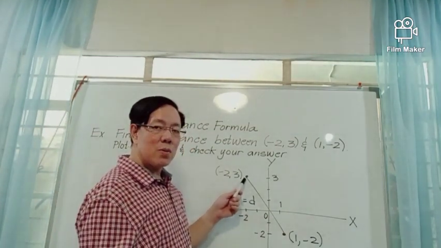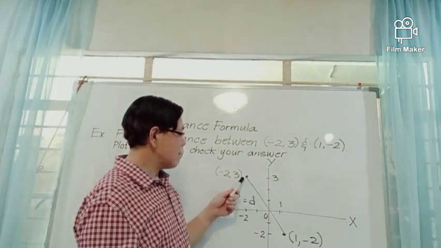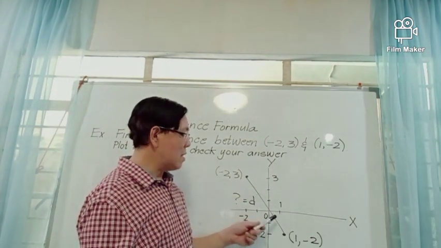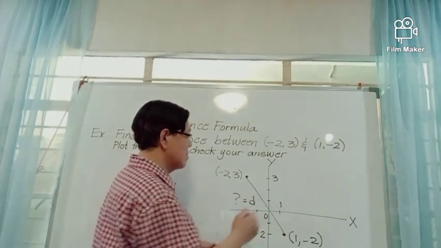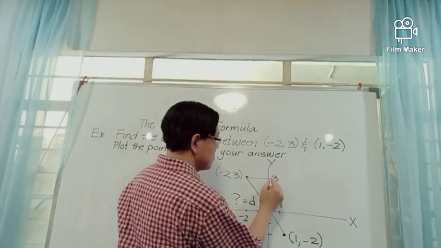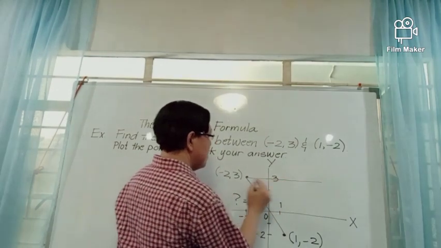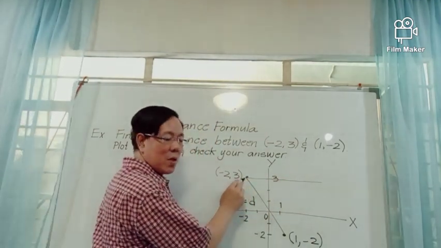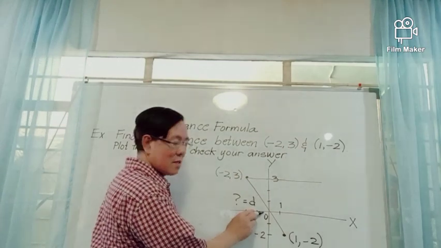From this point, you draw a horizontal line, parallel with the x-axis. Construct a horizontal line passing through this point and parallel with the x-axis.